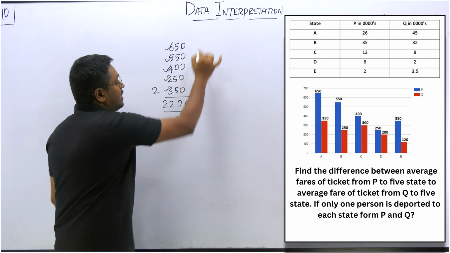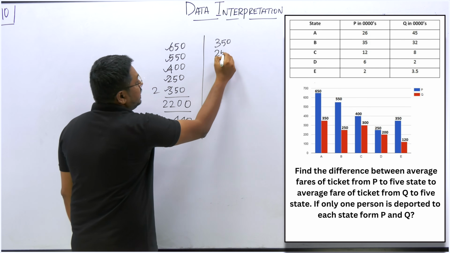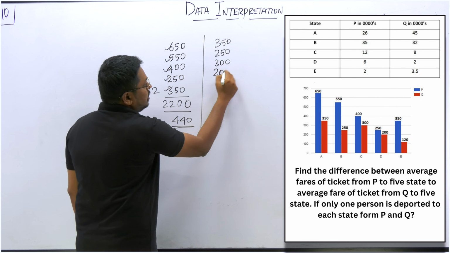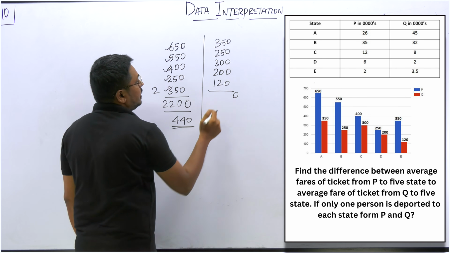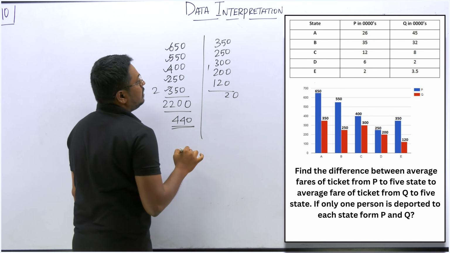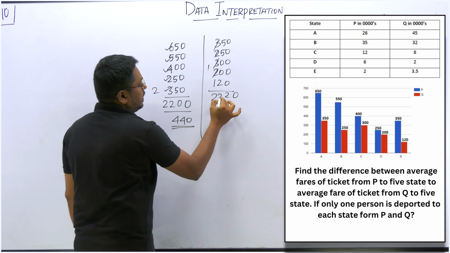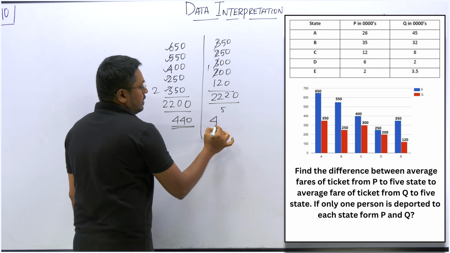Next we can find for state Q. So state Q is how much? 350, 250, 300, 200, 120. So 0, 5, 10, 12, 1. So 3, 4, 5, 20, 22 divided by 5. So 5 4s are 20, sorry.